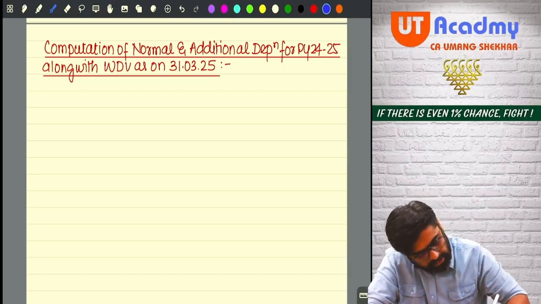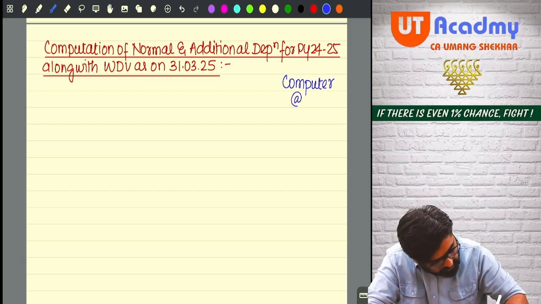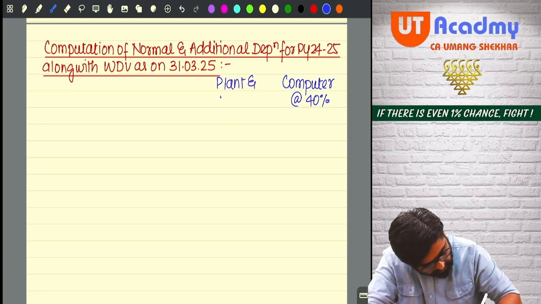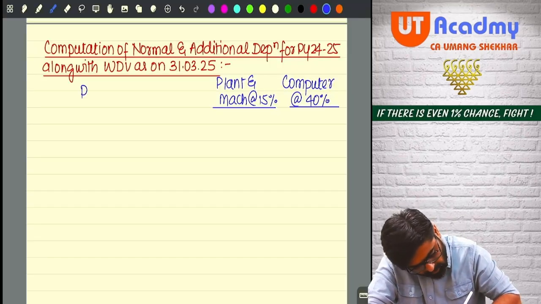One is computer depreciable at the rate of 40%, and second one is plant and machinery depreciable at the rate of 15%. Two blocks and particulars.